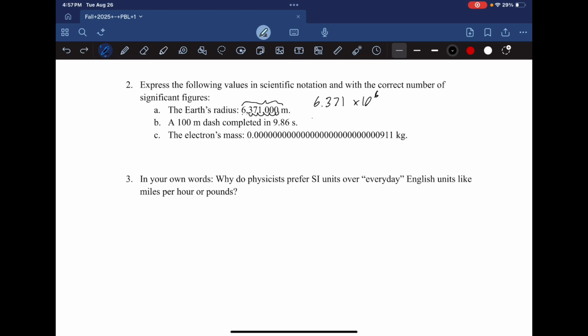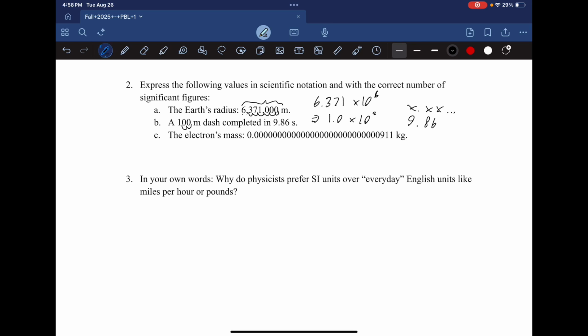So for 100 meters, that is the same as saying 1.0 times 10 to the 2. So we'd move it to the left. For the 9.86, it's already in the proper form. It's that x point xx, however many x's you have, and we have 9.86. So you don't need to do anything with that.